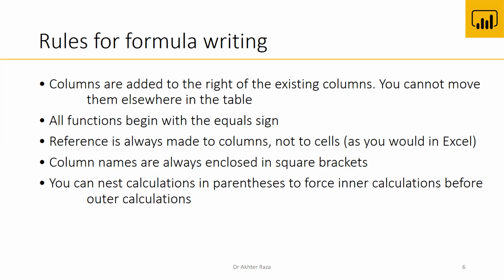You can nest the calculation in parentheses. Suppose you want to specify a function that involves another function to compute, so you can nest the functions by parentheses. Now this nesting process can be represented with the help of the following formula.